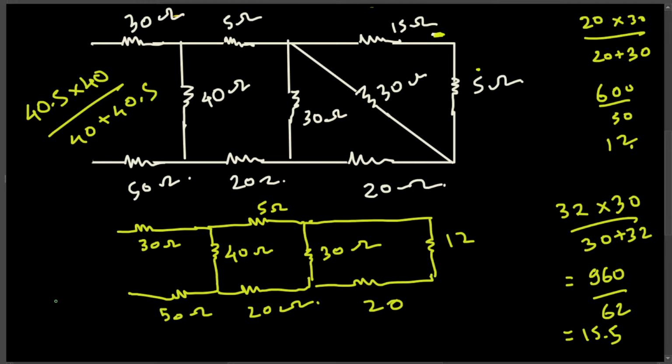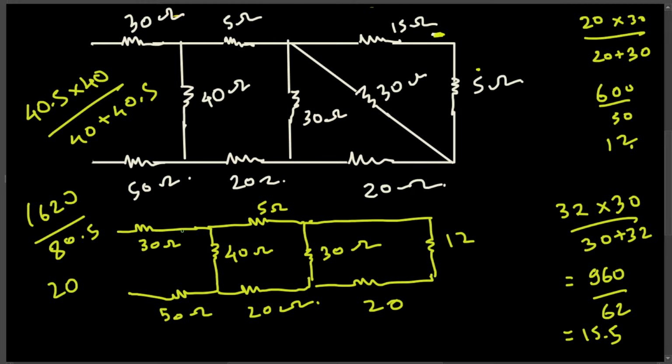Calculate it. 40.5 times 40, that is 1620. 1620 divided by 80.5 gives approximately 20. So let's put it as 20 right here.